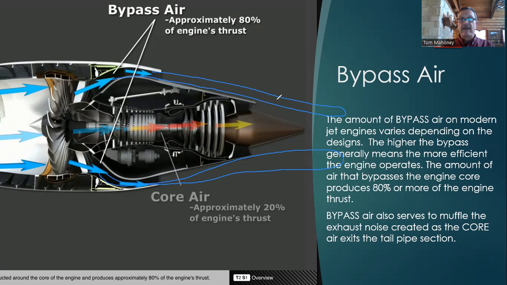It provides an air barrier right through here that muffles the sound of the air coming out the back of the engine, out through the tailpipe, that as a result of core air. So the core air is the noisy air. The bypass air is typically the quiet air, and it can muffle the noise of that core air as the core air exits the aft portion or the tailpipe of the engine.